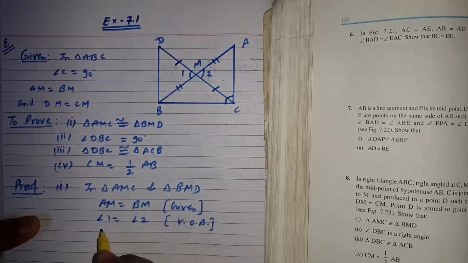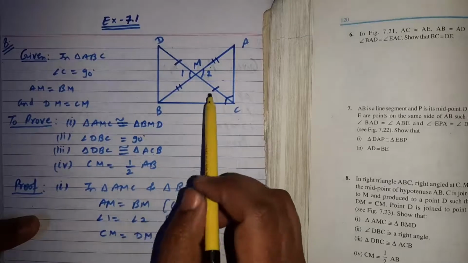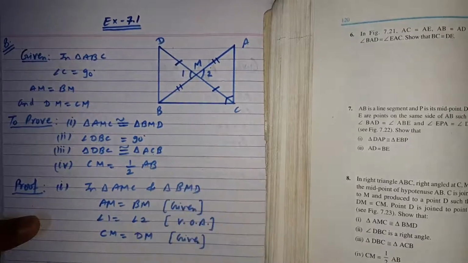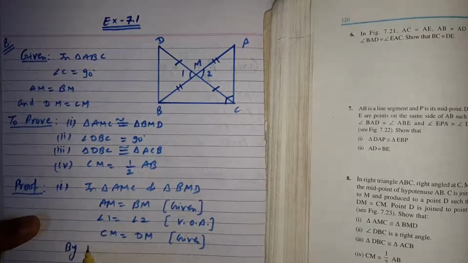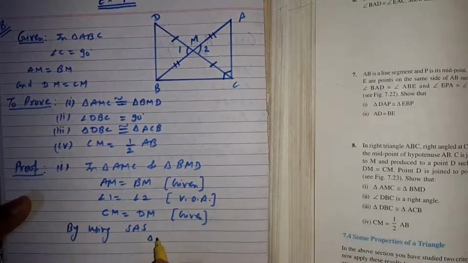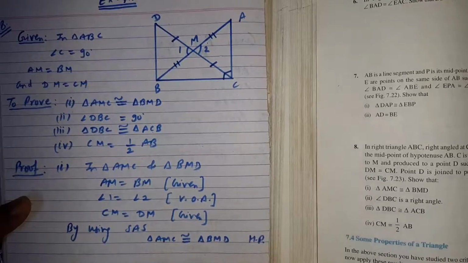Okay, and CM is equal to DM. It is also given. Okay, so by using side angle side congruence criteria, triangle AMC is congruent to triangle BMD. Okay, the first part proved.